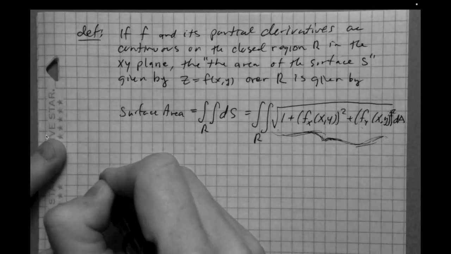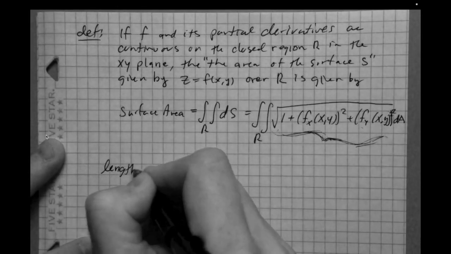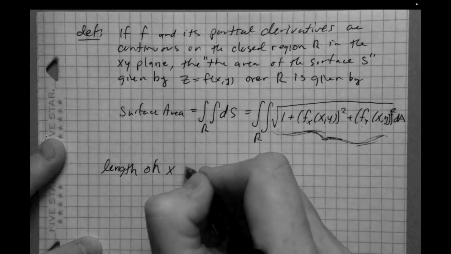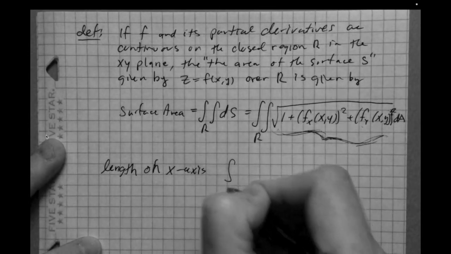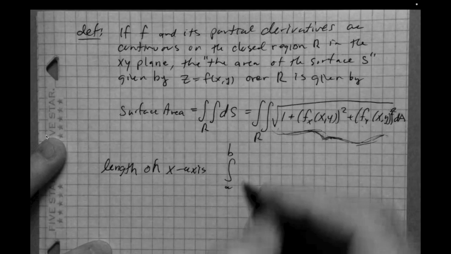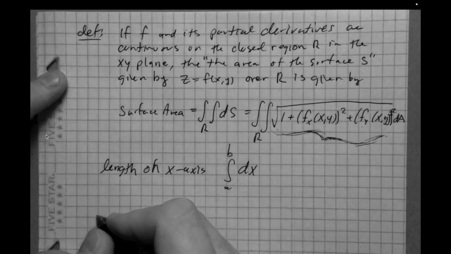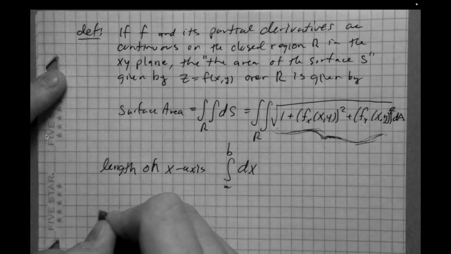So if you think about it like this, in Calc 2 we had the length on the x-axis, right? And we would have calculated it like this, from a to b of dx, right? So simple thing. But then we had a length in the xy plane.